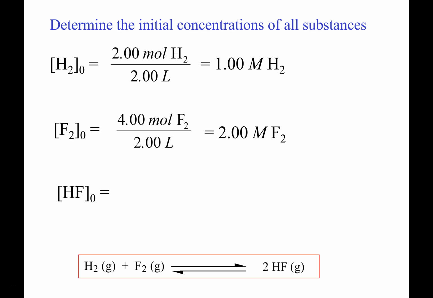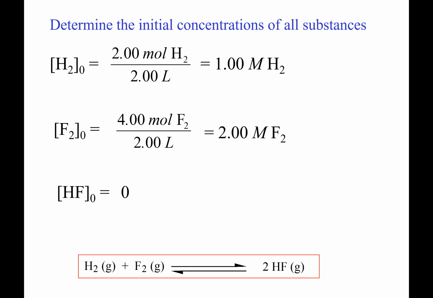So your molarity must have been 2.00 molar F2. What was the molarity of your HF? 0, right. A real common mistake is that students will want to plug in moles for the initial. It's not moles for the initial, it's molarity. So don't fall into that trap.